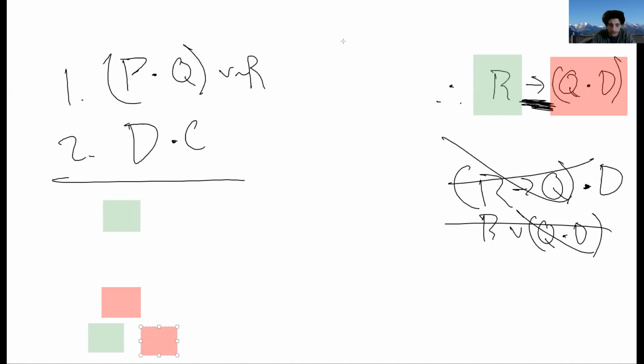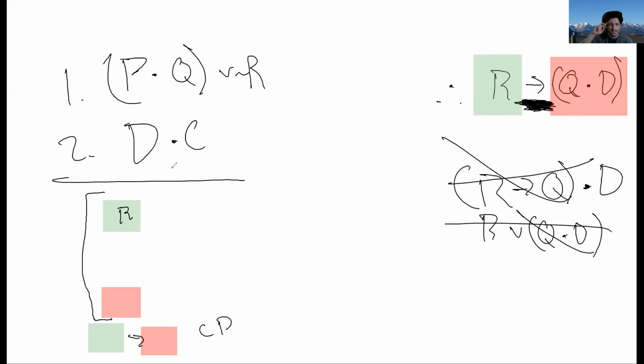Obviously, you don't need to do it with colors and whatnot, but you should be able to think through this process. As soon as you see that the conclusion is a conditional, wrap the left side in green and wrap the right side in red, and then fill in the structure that CP always has. CP always has the same exact structure. So what's green? Here, it just happens to be R alone.